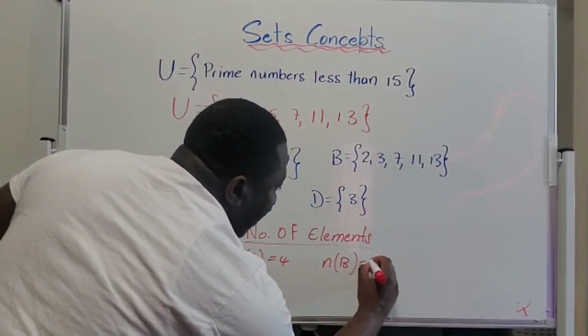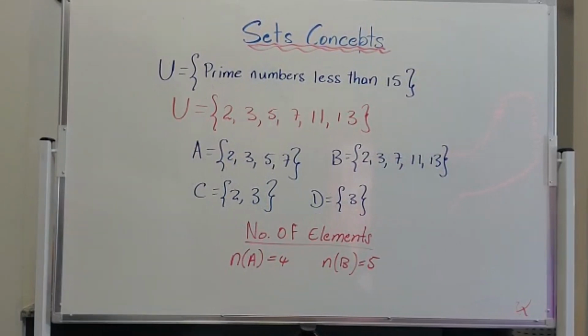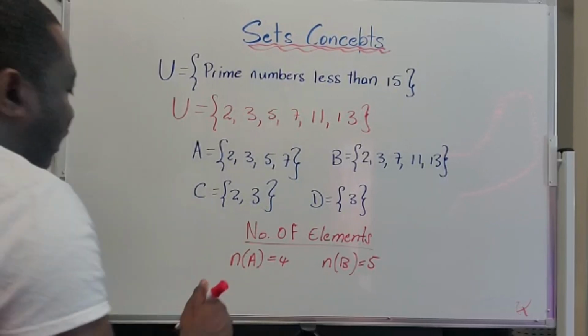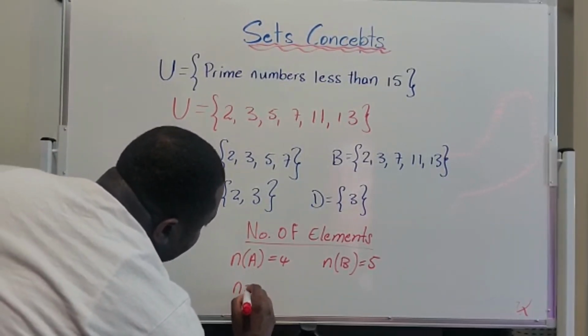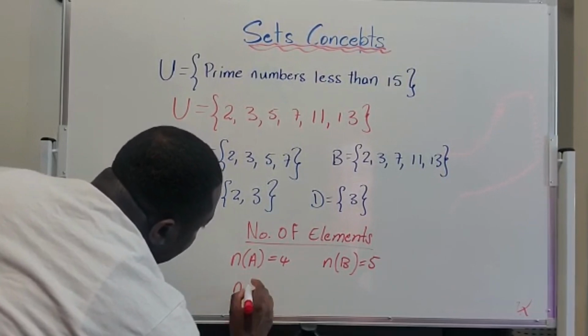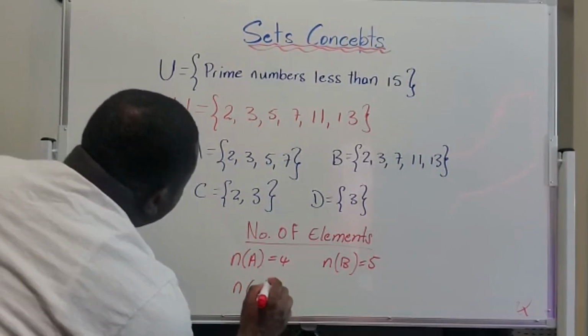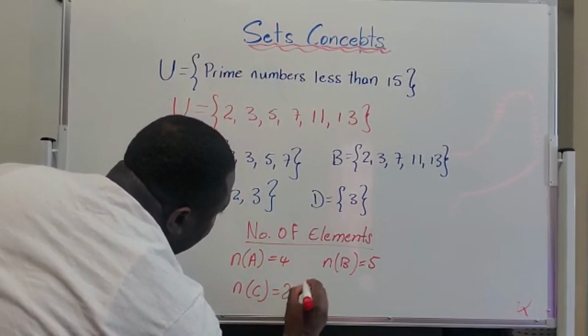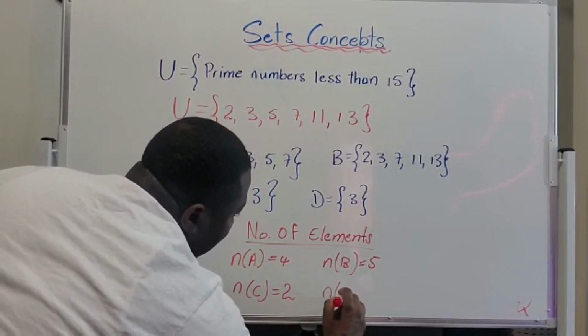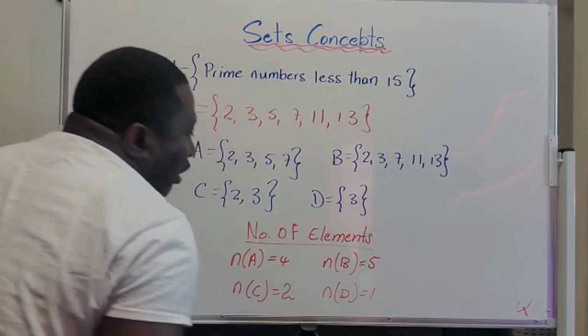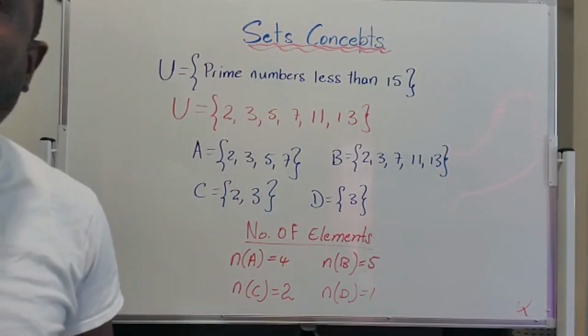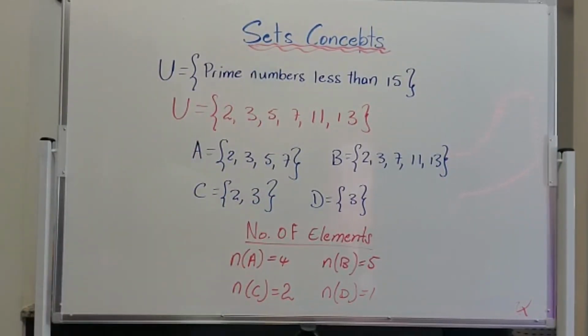So we know that there are 5 elements in set B. If I go on to look at set C, the number of elements in C would be 2. The number of elements in D would be equal to 1. So again, for the number of elements, we are counting each element within the given set.